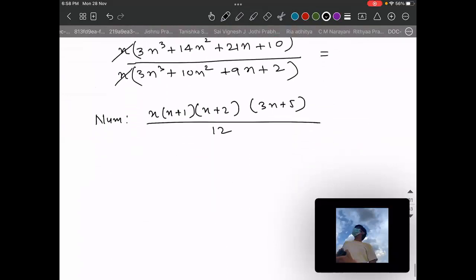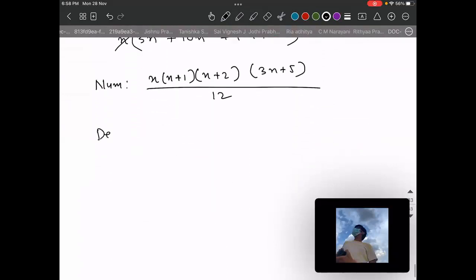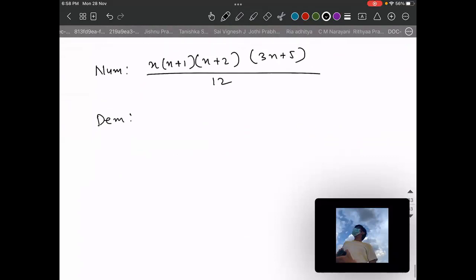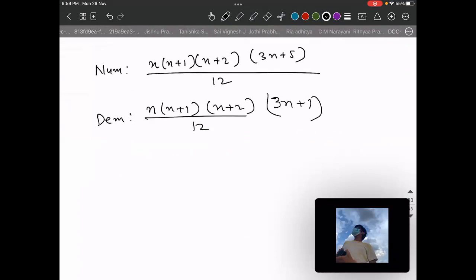Have you got this as numerator? And in the denominator, what you will get? In the denominator, you will get, see, it is summation of n, so n into n plus 1, n plus 2 upon 12 into 3n plus 1. Are you getting this as numerator and denominator from 1?